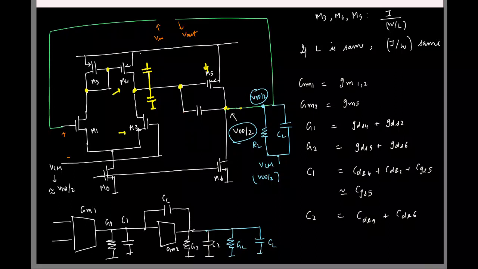We have also introduced the right half plane 0, right? And where is the right half plane 0, in terms of this block? There is a 0. First of all, logically, why is the 0 coming?